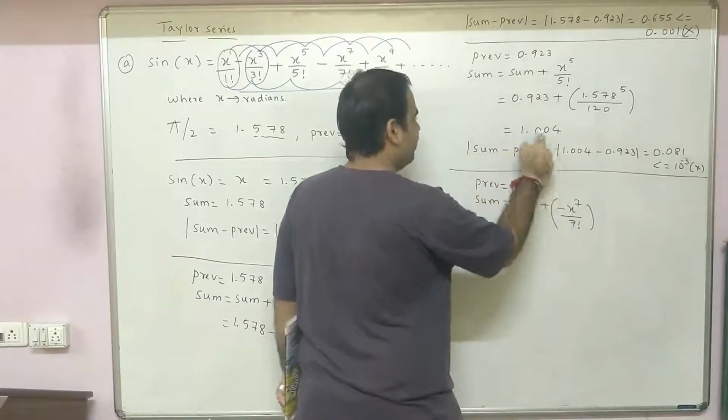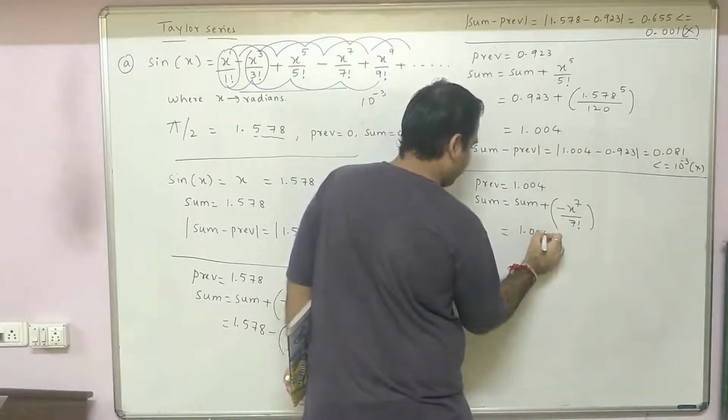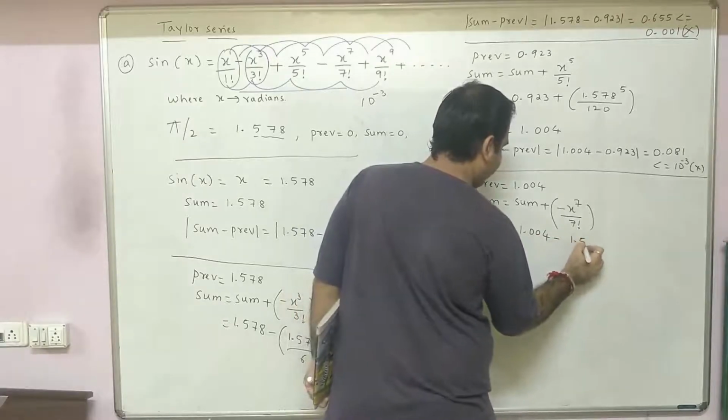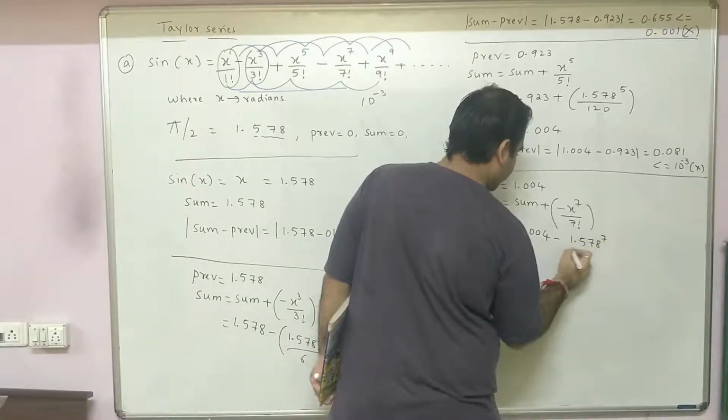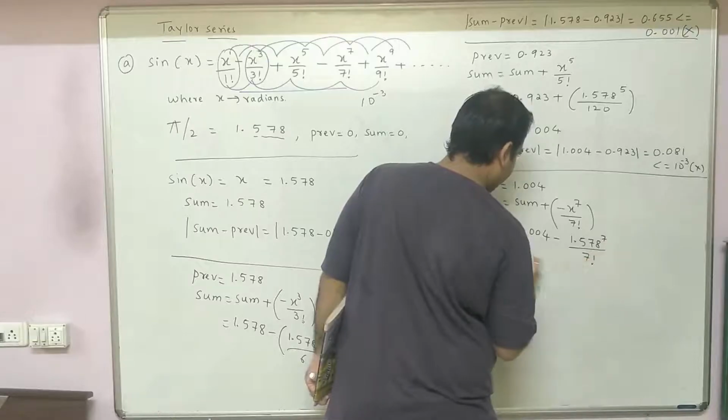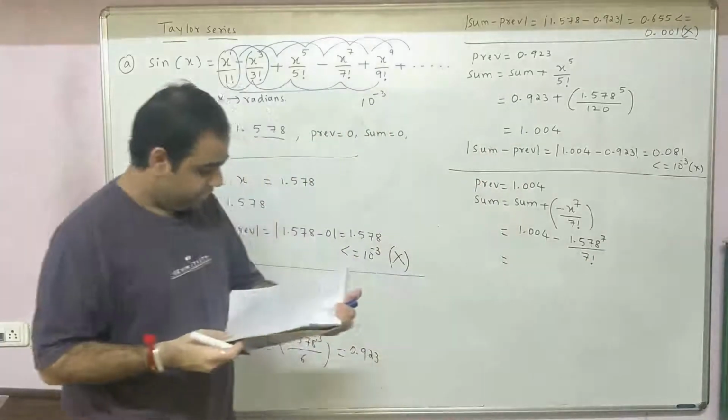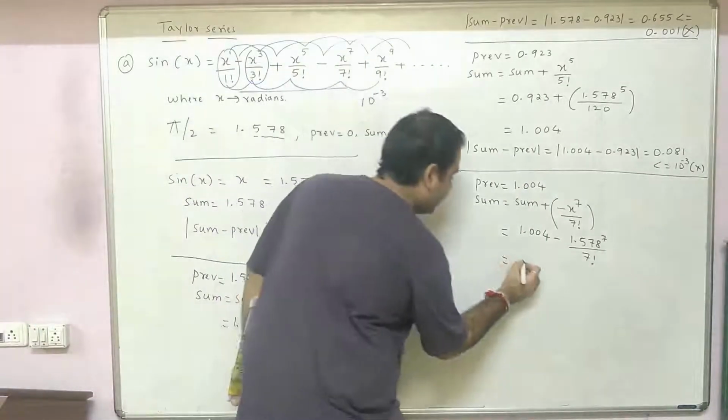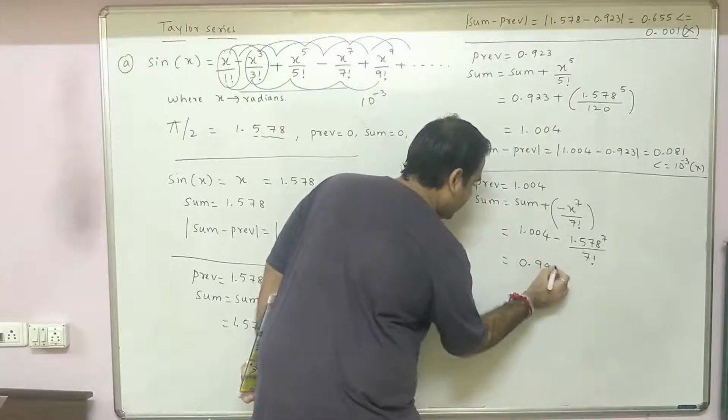Now, the value of sum is 1.004 minus 1.578 to the power 7 divided by 7 factorial. If you compute it, you get the answer as 0.999.